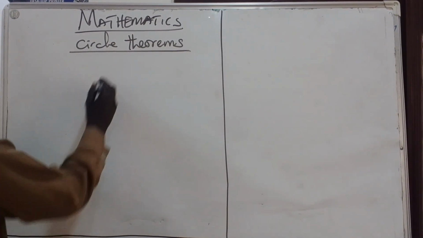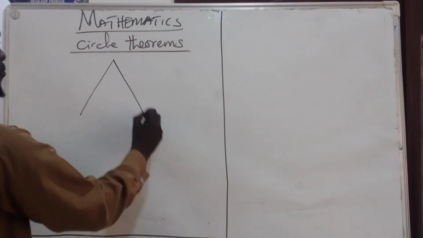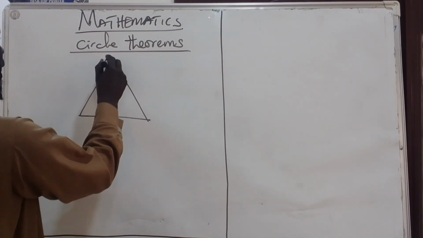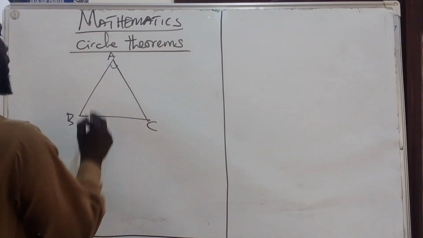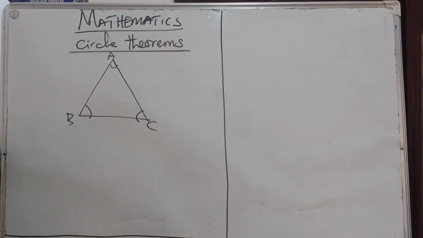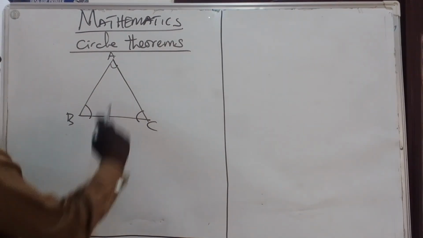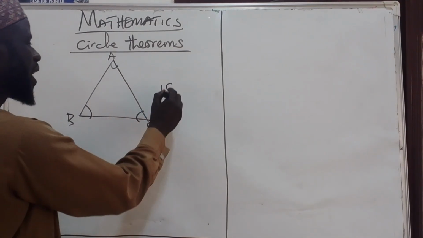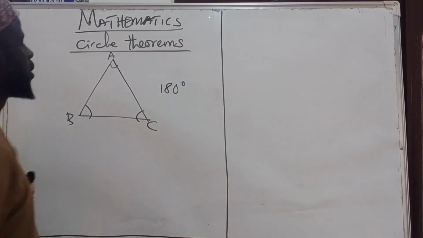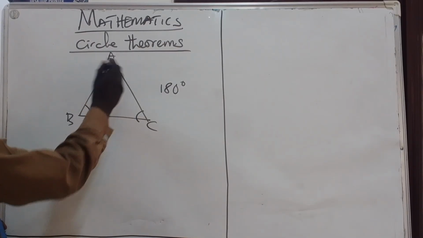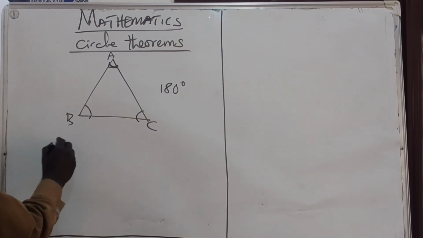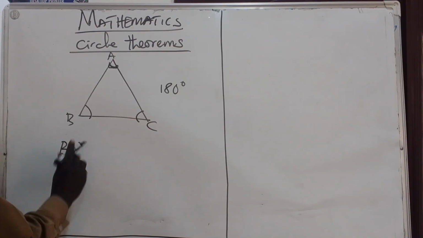Also remember that if you have any triangle ABC, the sum of all angles in a triangle is 180 degrees. This angle is at A, so we can write it as BAC.